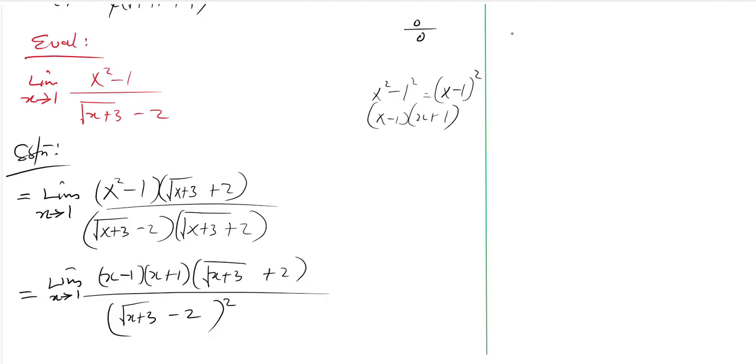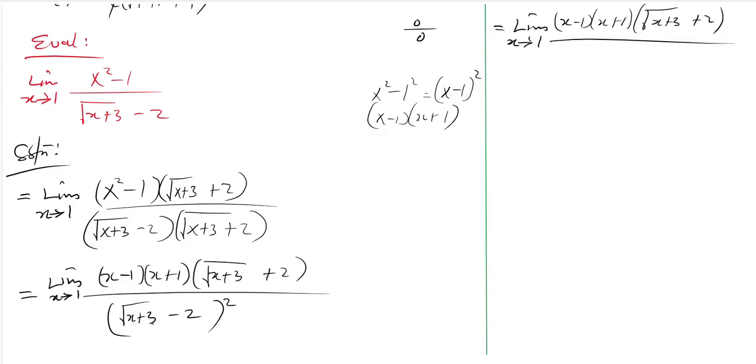If we go further to break down, we are going to have the limit as x approaches 1 of x minus 1 multiply x plus 1 multiply the conjugate, which is root x plus 3 plus 2, all over.